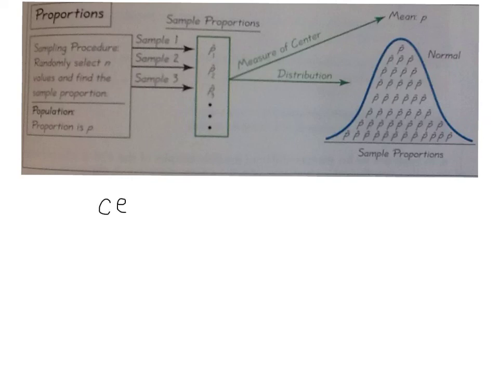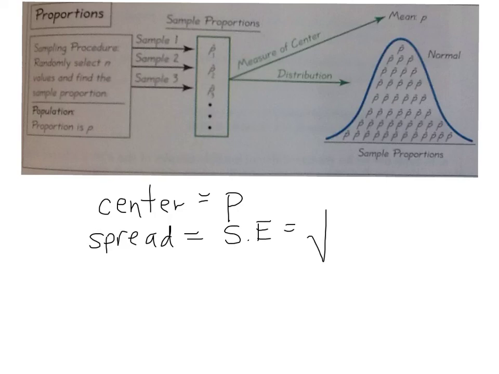So the center will be p, and then the spread, which we call the standard error of a sampling distribution, and we abbreviate it SE, standard error, is given by the formula square root of pq over n. So as you survey more elements, your standard error is going to get smaller, since as that n gets bigger, the standard error will get smaller.